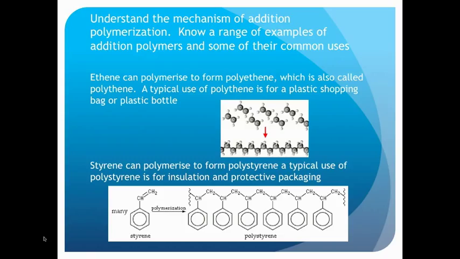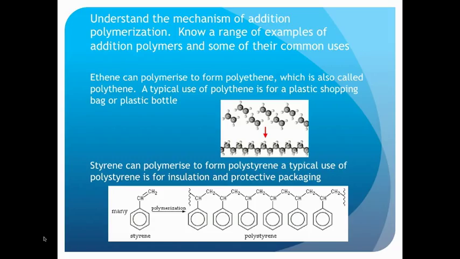We have on this slide the addition polymerization. I put it on again so that you can see the difference between ethene polymerizing to form polyethylene, plastic shopping bags or plastic bottles, and styrene.